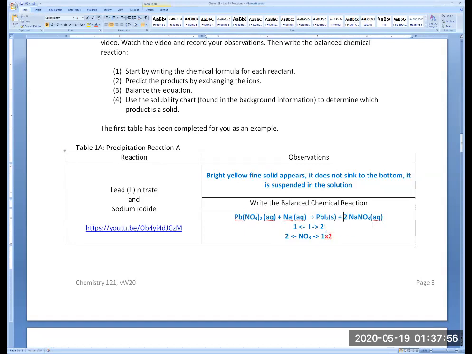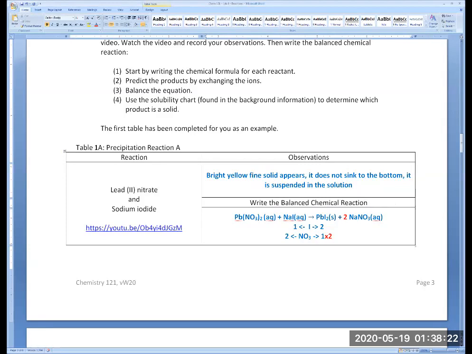Why here? Because that's the molecule that has the nitrate, right? So you have to put a 2 in front of the whole molecule. You cannot put it in between Na and NO3, right? It has to be in front of the whole formula of the molecule, NaNO3.